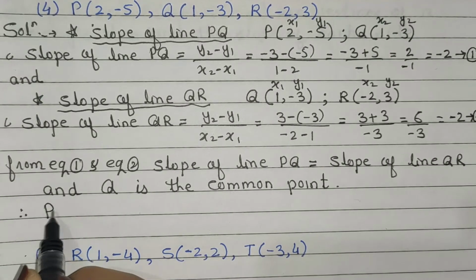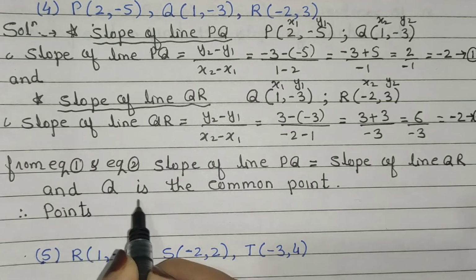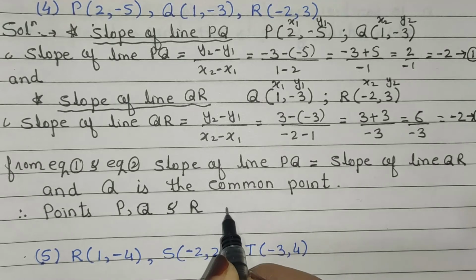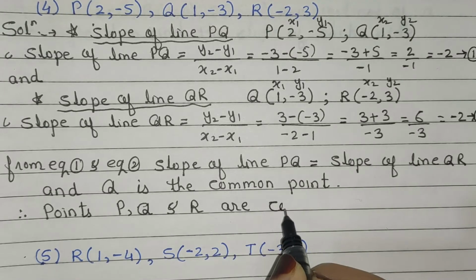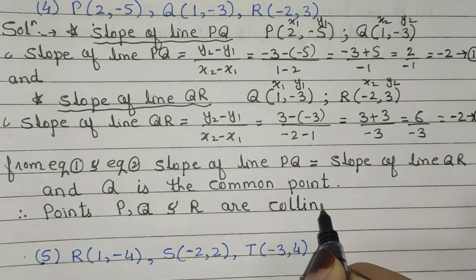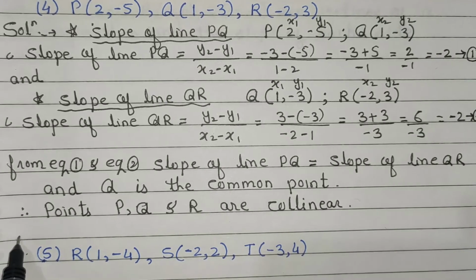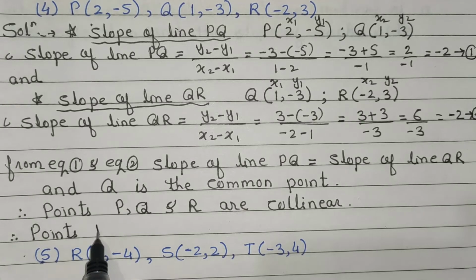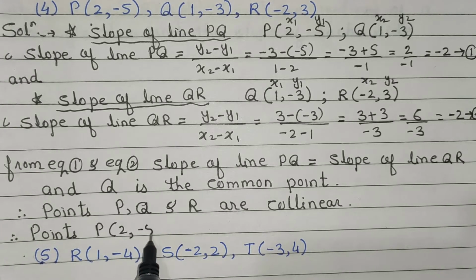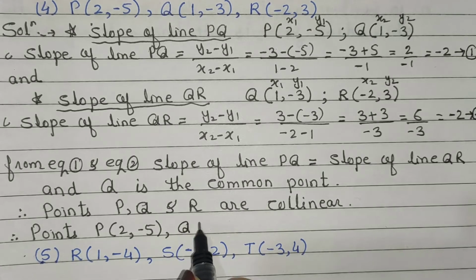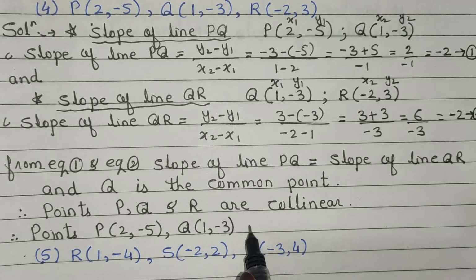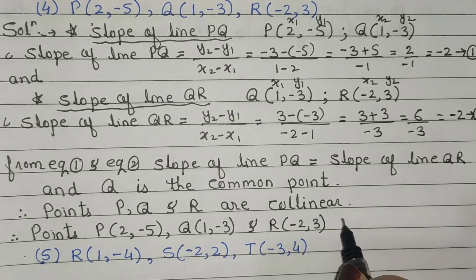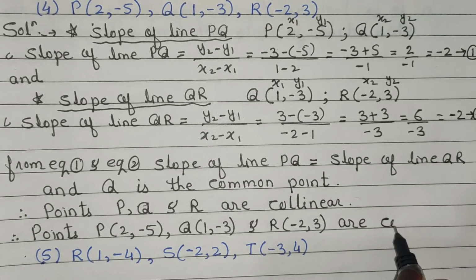Therefore, points P, Q and R are collinear. Therefore, write down the answer here. Points P (2, minus 5), Q (1, minus 3) and R (minus 2, 3) are collinear.